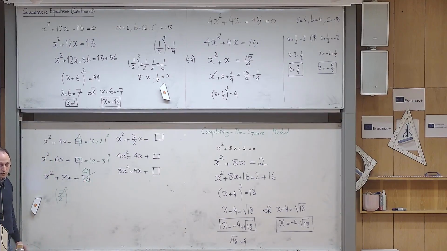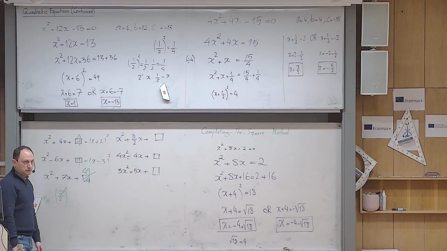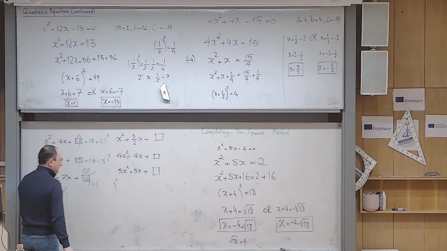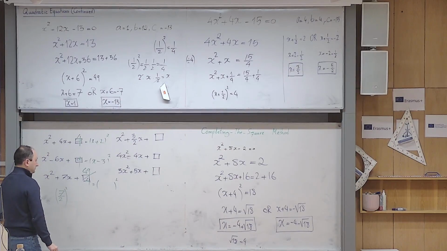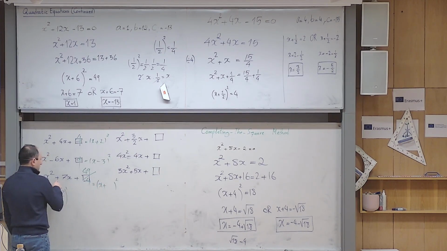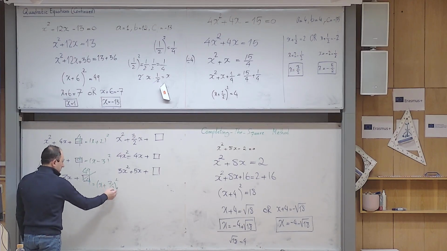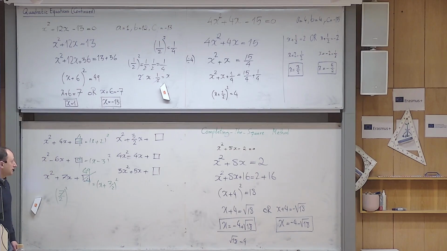Yes? So 49 over 4 is the answer. Okay, and then in that case, what will be the solution then? What should I write here? X plus, because this is plus, 3.5, or 7 over 2.